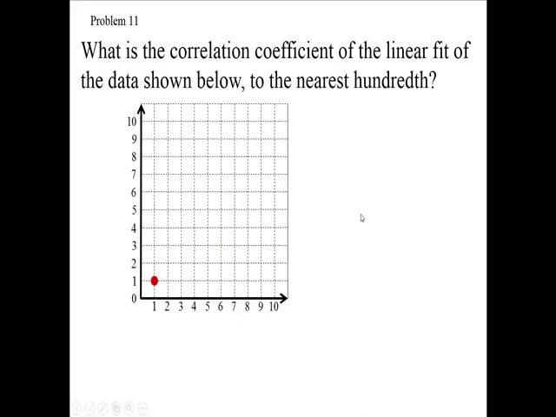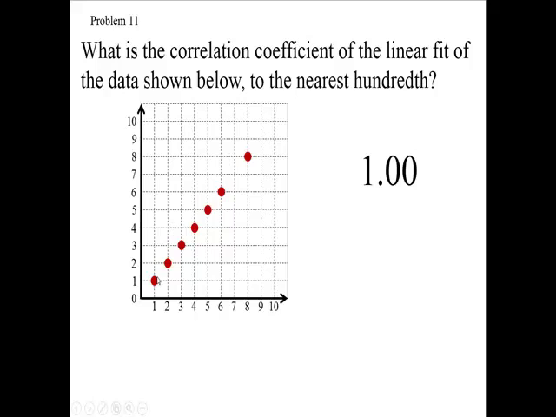Okay, now let's look at a series of points here that have a correlation coefficient of 1. Now 1 means that they all line up like this. It doesn't mean the slope is 1.